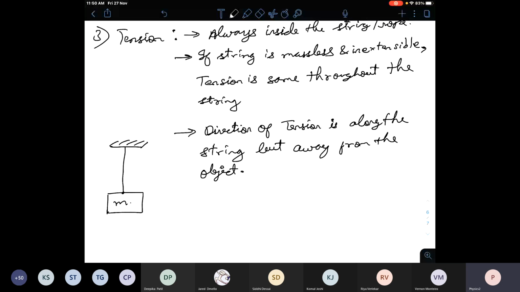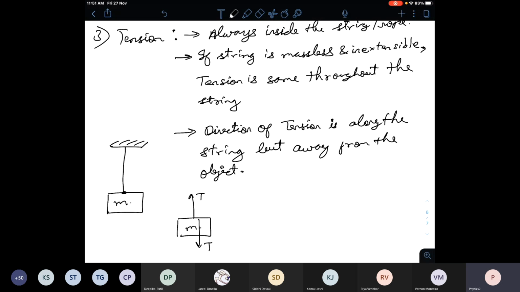So this is the point of contact where the tension should be seen. If I draw the free body diagram, everybody knows what a free body diagram is, I guess. First of all, the tension is along the string, so either the tension is like this or like this. Tension is along the string, that is, in the vertical direction.